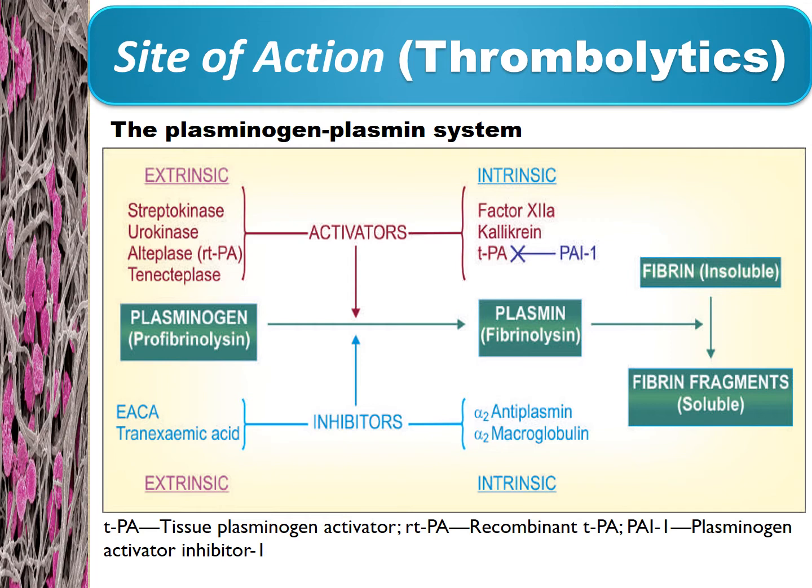Then let us discuss the site of action of different thrombolytics. The plasminogen-plasmin system is there. With the help of this chart, we can easily understand the different sites of action of different thrombolytics. Two systems are there, one is the extrinsic and another is the intrinsic. At the extrinsic side, the plasminogen gets converted into plasmin, which further facilitates the conversion of insoluble fibrin to soluble fibrin fragments.